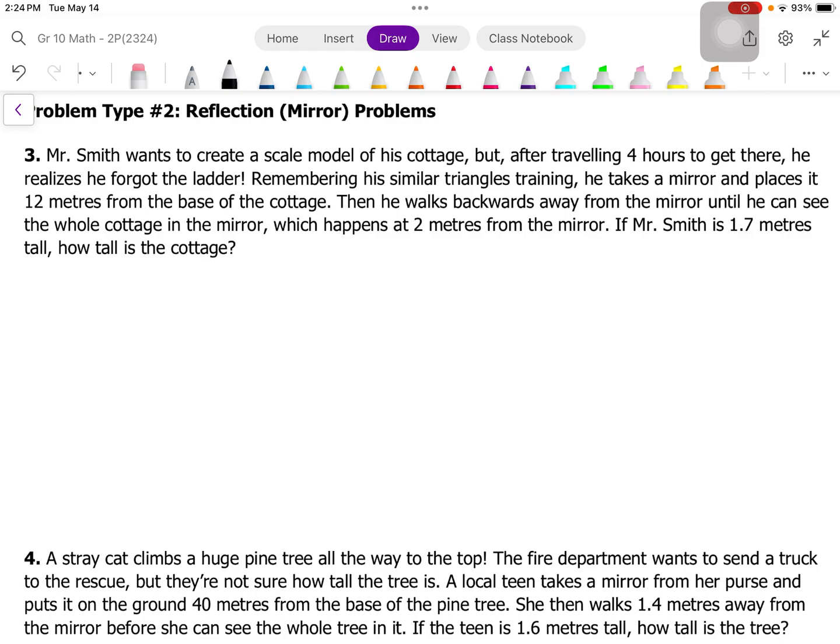So remember his similar triangles training, he takes a mirror and places it 12 meters from the base of the cottage. He walks backwards away from the mirror until he can see the whole cottage in the mirror, which happens 2 meters from the mirror. So if Mr. Smith is 1.7 meters tall, how tall is the cottage? So he needs to figure out how tall the cottage is to make his model.